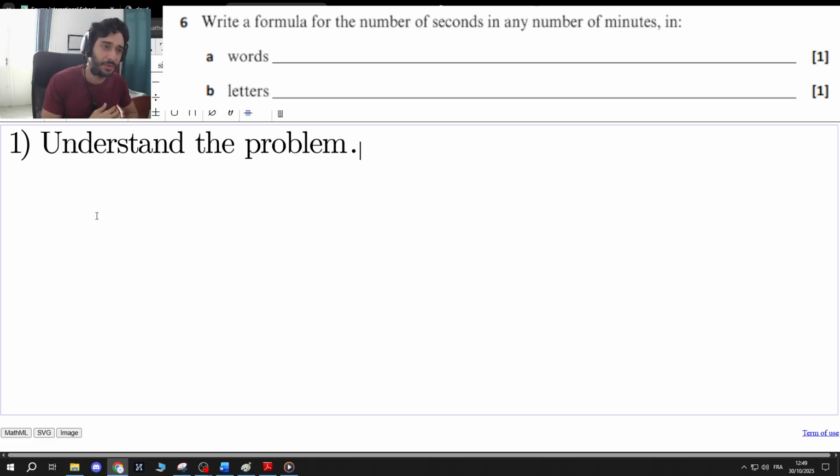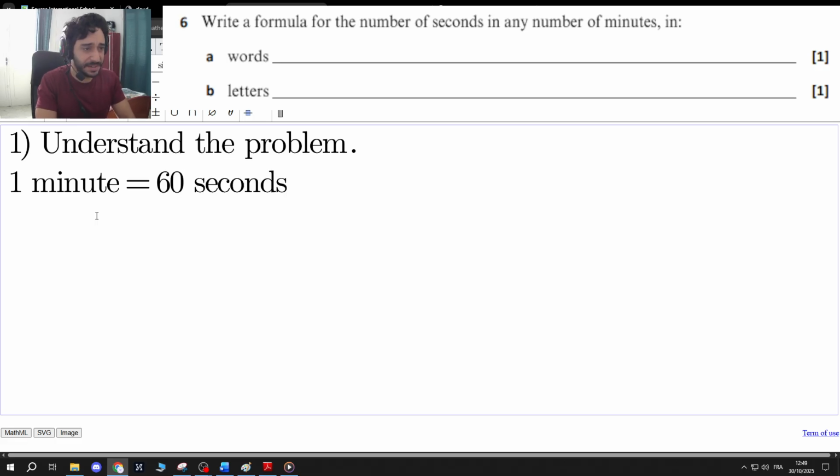And lucky for you, these problems are usually very simple during the quiz because all you have to know is one key information, which is for you to find the number of seconds in any given number of minutes, you're just going to have to multiply the minutes by 60 because 1 minute is 60 seconds. Isn't that right?